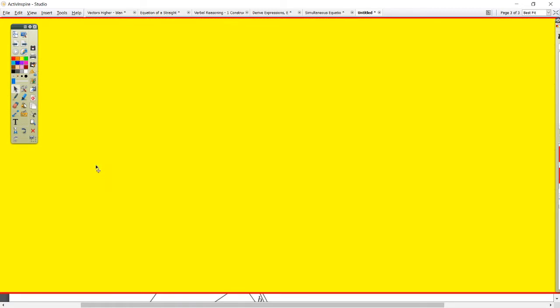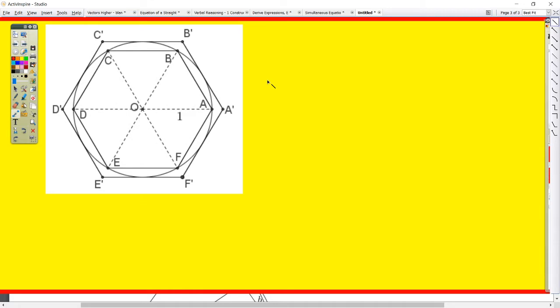Let me just try something else. We know from O to the midpoint it's 1. We know from O to this midpoint, straight down, would they meet perfectly?